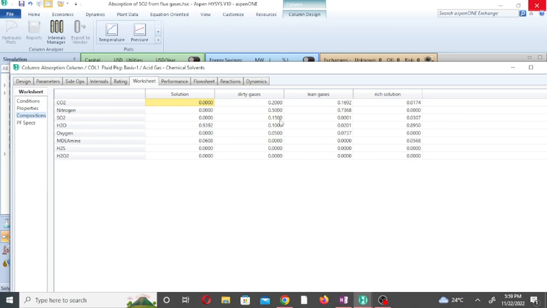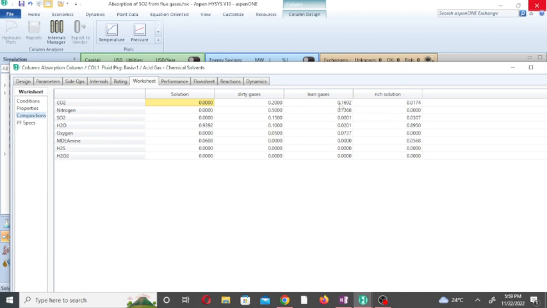I am checking it in my calculator. 0.1500 minus 0.00001 divided by 0.1500. It is 99.93% removal. 99.93% SO2 is removed, and here carbon dioxide goes from about 20 to 16%.